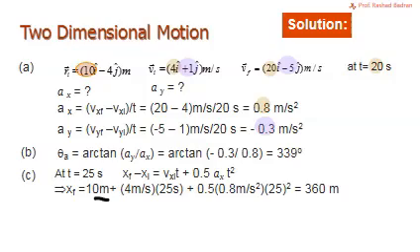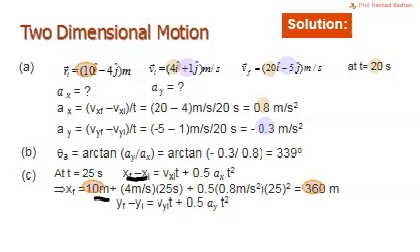You put it on the other side of the equation. From here we moved x initial to the other side, and then we substituted all these values into this equation to get 360 meters. That is the final position.